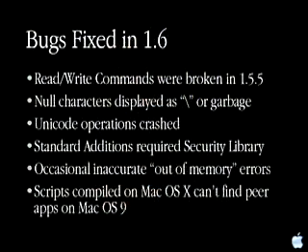We considered it a new feature addition. We added that. In 1.6, which is what you get in macOS 10 and what you get when you do the software update to macOS 9.1, we fixed some read-write commands that we broke in 1.5.5. We just out and out checked in the wrong code, and we just had to fix it.